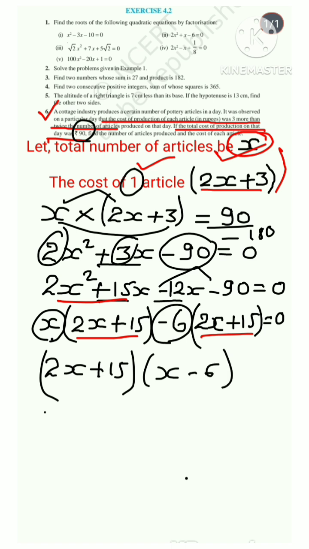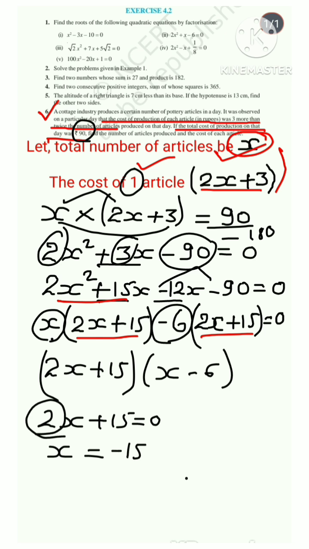Now 2x plus 15 equal to 0, then we obtain the value of x. Firstly this plus 15 goes to RHS and becomes minus 15, and this 2 also goes to RHS, then we obtain the value of x as minus 15 by 2.